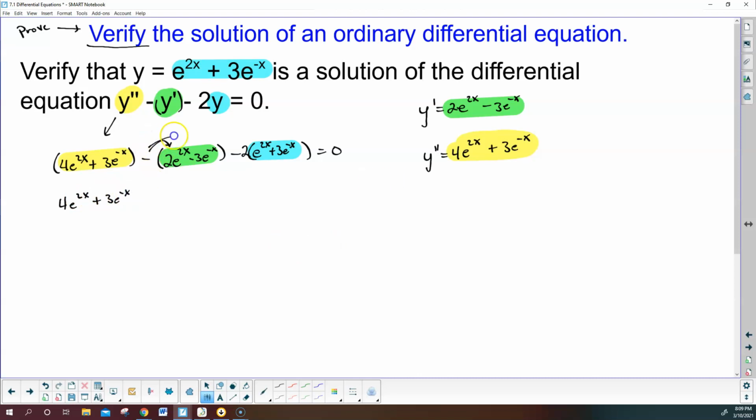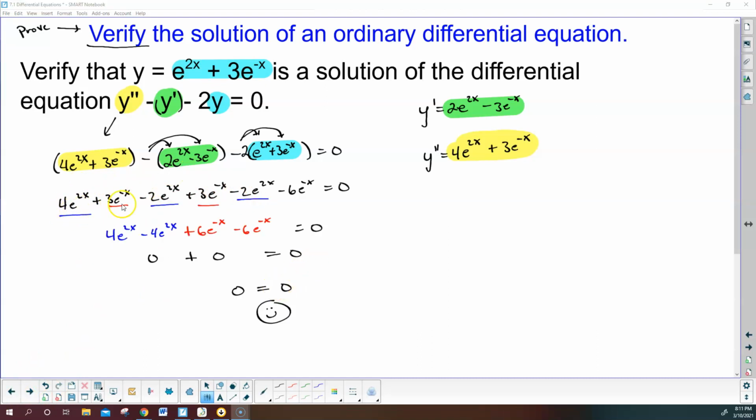What I'm going to do is distribute the negative here. Distribute the -2 here. And then combine like terms. I'm going to pause it and you guys can finish the rest here.